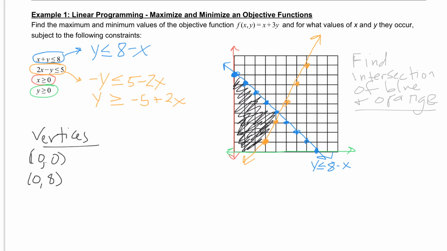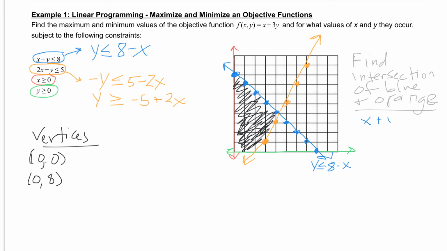To find that intersection, you can either solve the system of equations, or if you want to, you can go ahead and use your graphing calculator. So if I look at those two lines, the blue line and the orange line, I have the blue line, the original, and I'm going to change it to an equal sign.